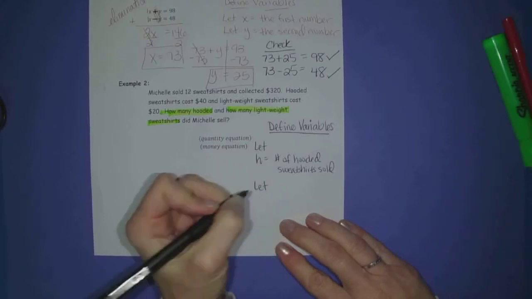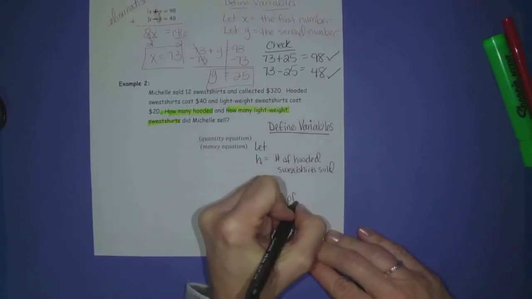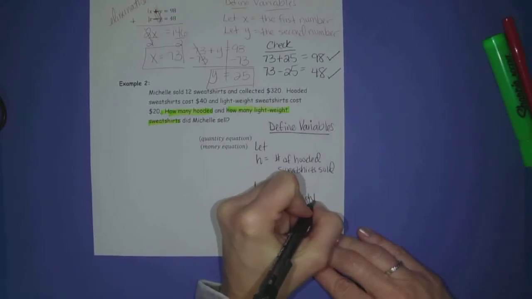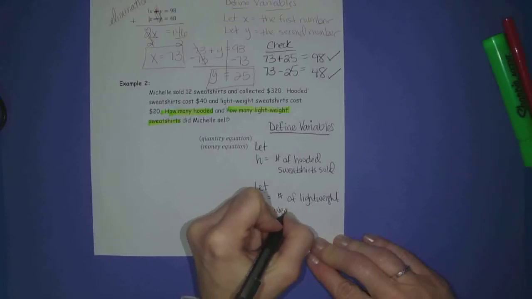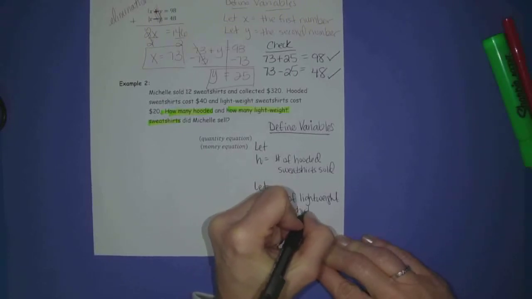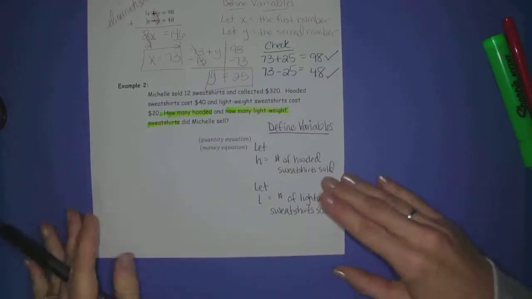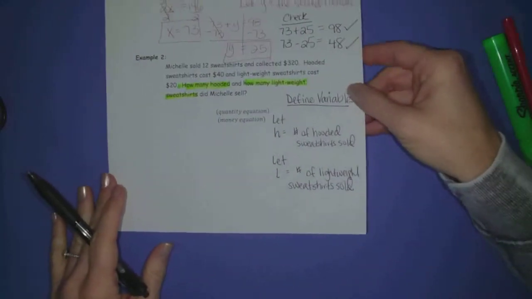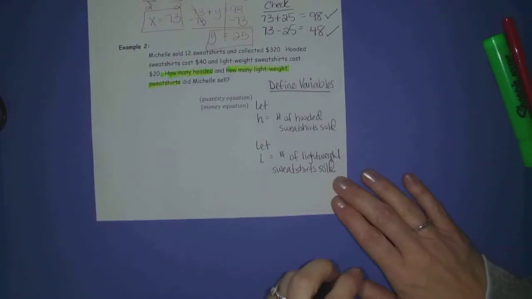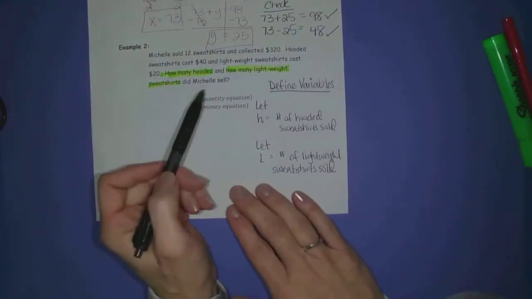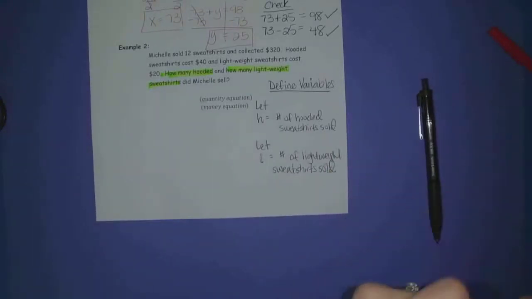And then let's let L equal the number of lightweight sweatshirts sold. Okay, so in the end of this problem, we're looking for H and we're looking for L. How many? Number of. Okay, now we're ready to write our system of equations. Now, the little hints that I gave you.